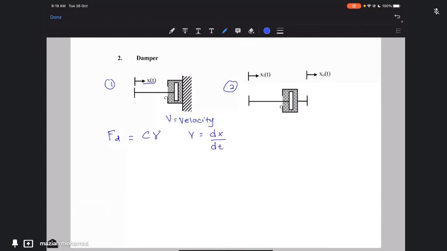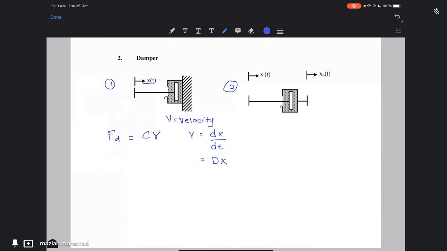We differentiate displacement, we get the velocity. We double differentiate displacement, we get acceleration. That is the basic relationship. So we can simplify this to become equal to dx.